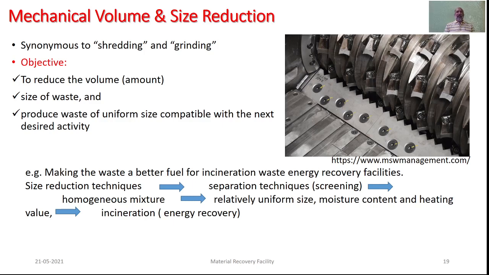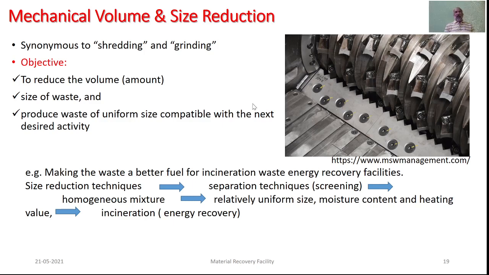Also, as we go for certain techniques like anaerobic digesters, we have to have certain particle sizes in order to enhance the digestion operation. So these operations are very synonymous to shredding as well as grinding, and we wish to have reduction in volume to attain a uniform feed and to produce the best size which would be compatible with the operations.